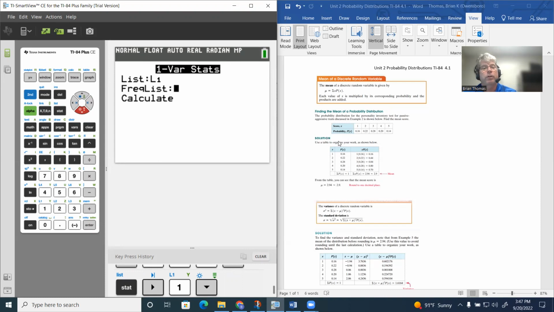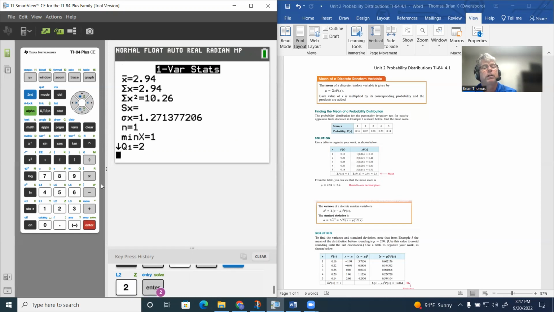That's all coming from list 2. To get to list 2, it's above the 2, so if we hit the second button and the 2, that gives us L2. If we now hit enter and calculate, notice it gives me this x bar, which also stands for mean. It's that 2.94 that they got from the table, but here we can generate it using the calculator. Again, they rounded it to 2.9.